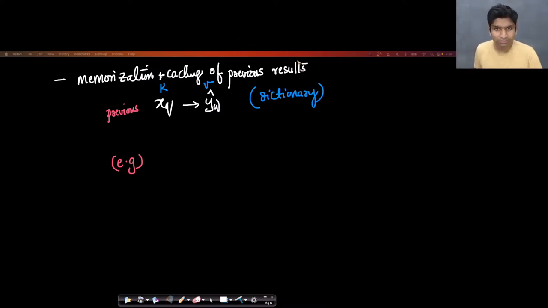In the real world, give me an example. So Dhimat says, is the pre-processing of XQ already done? Let's assume it's done. The code that I'm writing is, I get XQ, I want to give YQ hat as fast as possible.